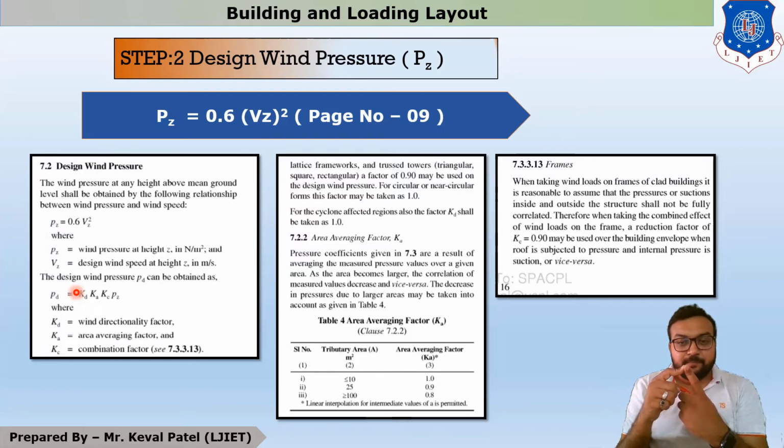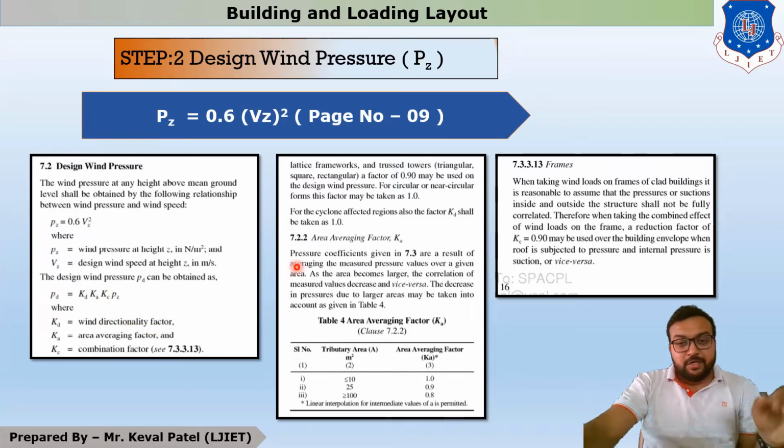First one is KD. This KD is our wind directionality factor, and if our building is triangular, square or rectangular, then our factor will be 0.9. But if our building is circular or nearly circular, then our KD value will be equal to 1. Second unknown is KA, which generally depends on the tributary area.